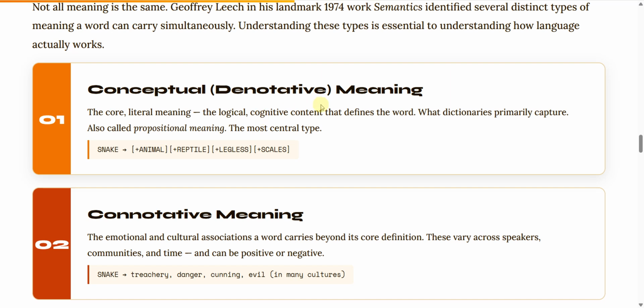The first one is conceptual, denotative meaning: the core lexical meaning, the logical, cognitive content that defines the word, what dictionaries primarily capture. Also called propositional meaning. The central type for snake is an animal, reptile, legless, scales. These are the types of meaning associated with things, how we form the concept of them in our mind.